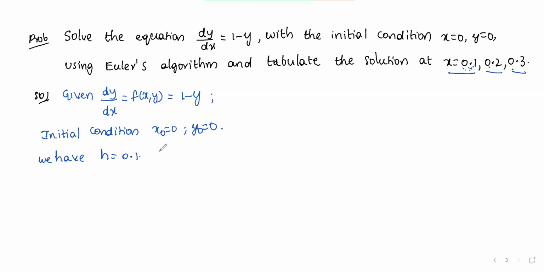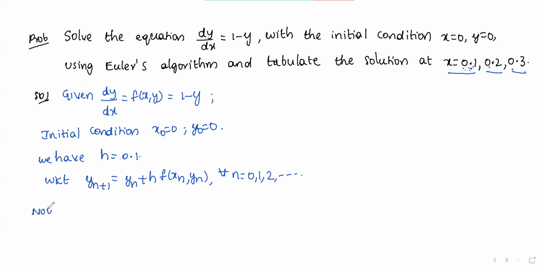The difference between these is h is equal to 0.1. Therefore, taking n is equal to 0, we know the formula yn plus 1 is equal to yn plus h into f of xn comma yn for all n is equal to 0, 1, 2 and so on.